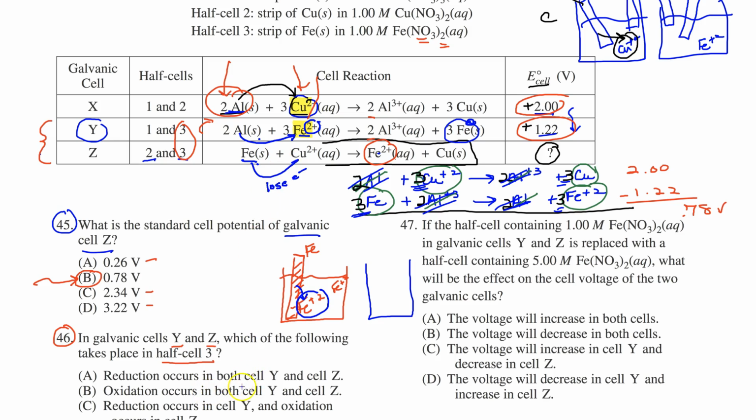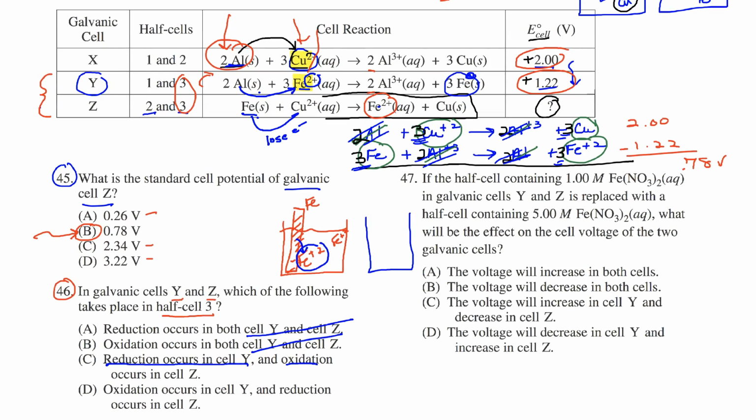So reduction occurs in both X and Y? No. Oxidation? No. It's getting reduced in Y. There it is in C. And it's oxidizing in cell Z. In Z, you see the standalone metal becoming Fe plus 2.